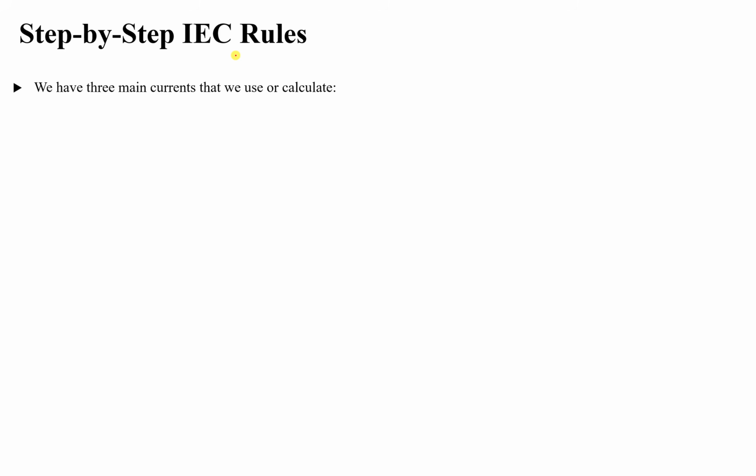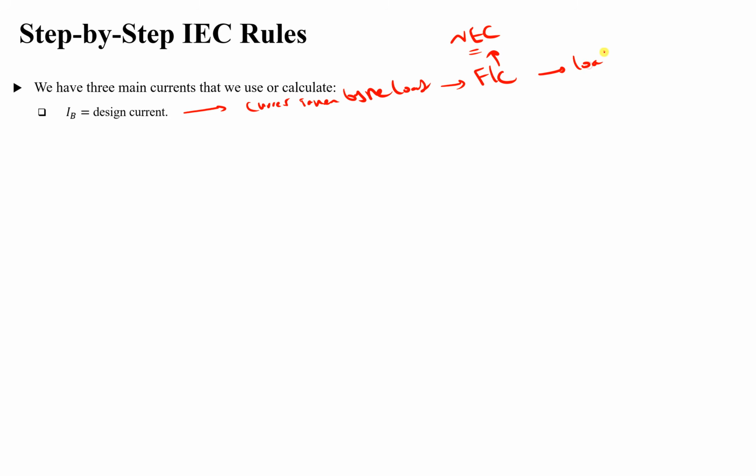We have three main currents which we need to understand and calculate. First one is called IB, the design current, and this usually refers to the current taken by the load, like a motor's full load current, like full load current inside the NEC standard, or load current.